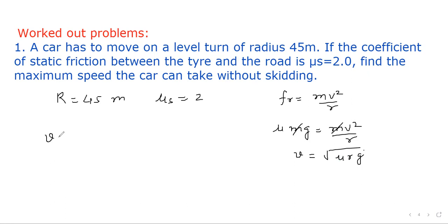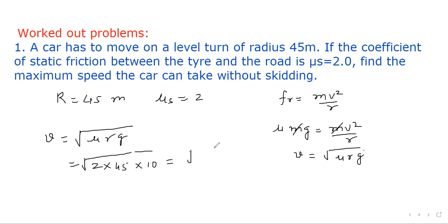So let's evaluate it. Mu r g: mu is 2, radius is given as 45 and g is taken as 10. So this will be root 900, which is 30 meters per second.